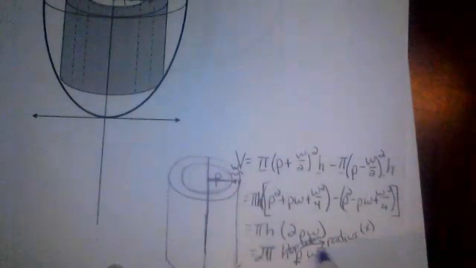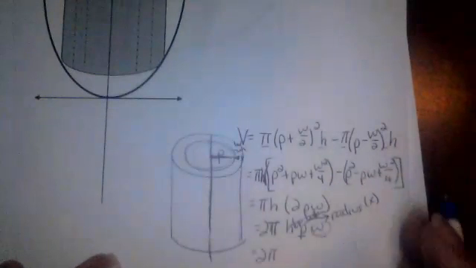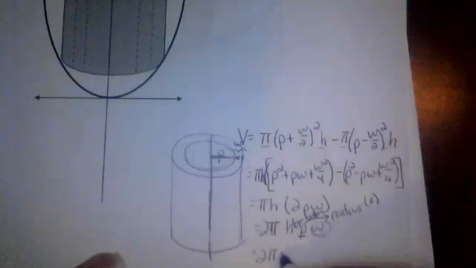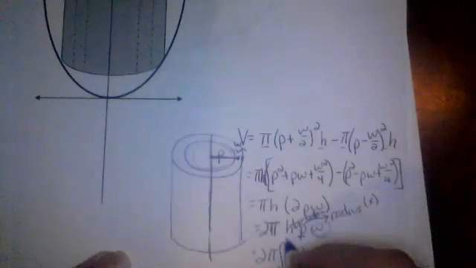And then this w is just our representative width, which is that dx. So we end up with 2 pi times p of x times h of x with respect to x, and we're going to take the integral from a to b.